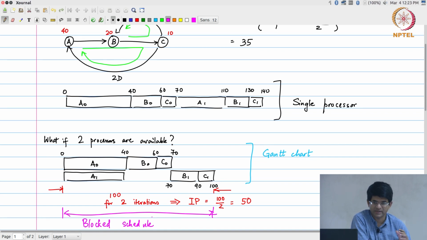So it is the meaning of the word block in the sense that it is one block of data rather than that it is blocking something else from happening. And effectively what it is saying over here is, this is one block of data that is being executed over here. The entire thing has to complete before the next iteration can start. If I insisted on a block schedule, this is what I get. I will take 100 time units according to this in order to complete both of the first 2 iterations.